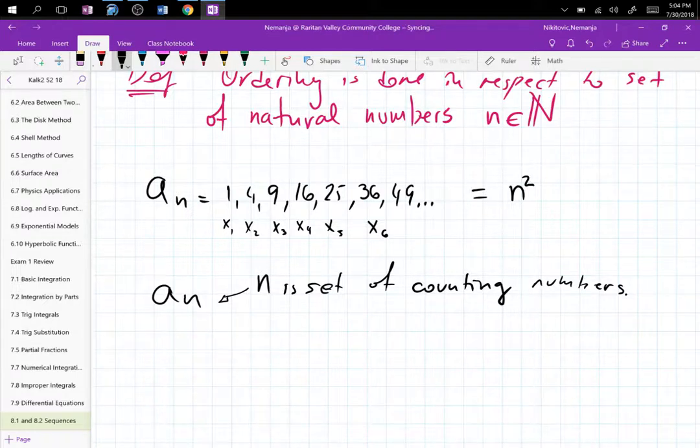So now, if I have a sequence written as a_n is equal to n squared minus square root of n, whatever. Main variable for chapter 8 is n.